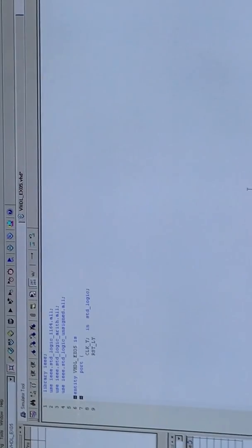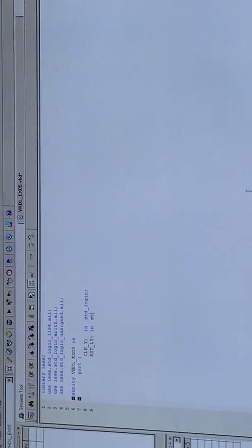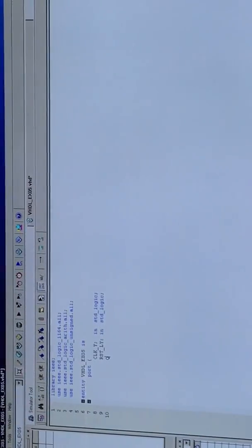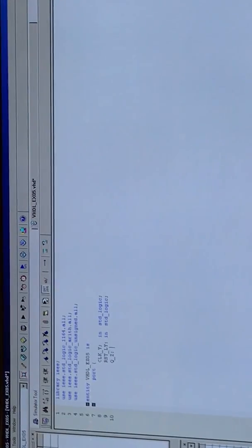We know we have a reset, which is RST. Usually it's active low because the push button is active low. Usually we define it as active low. And then you have a Q, which is your count.